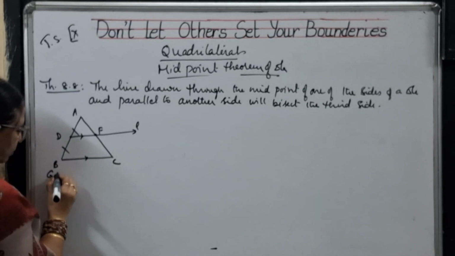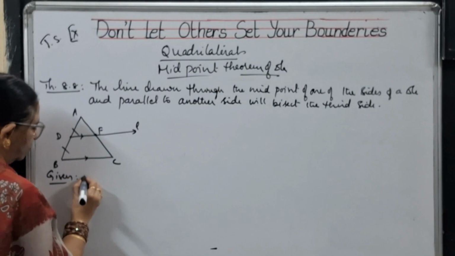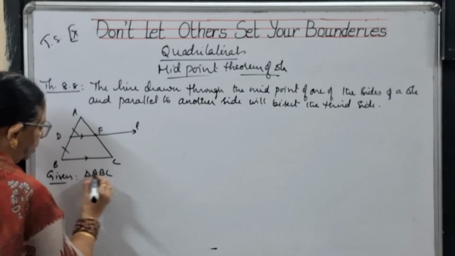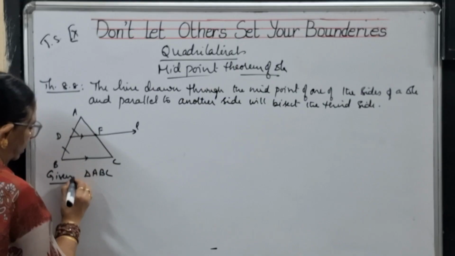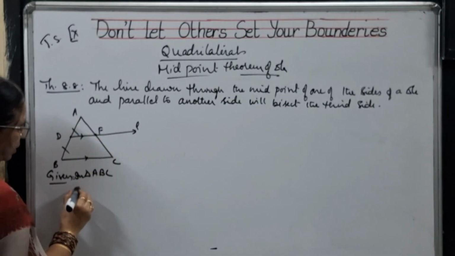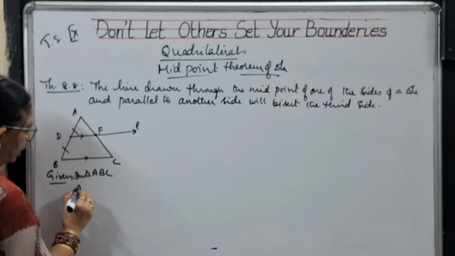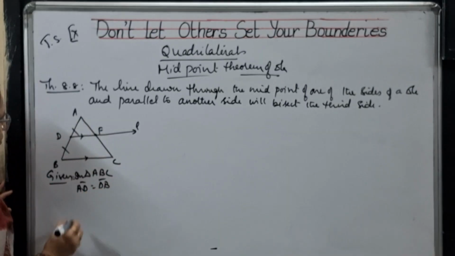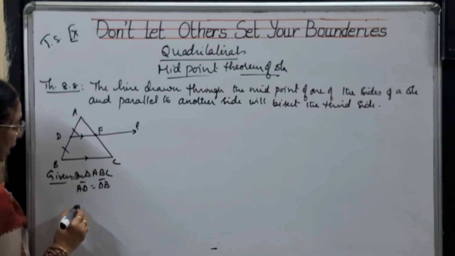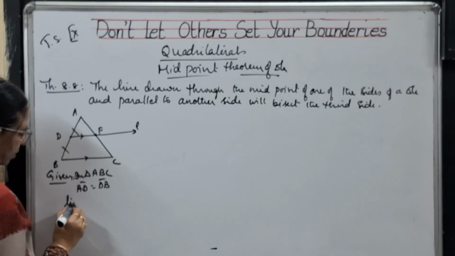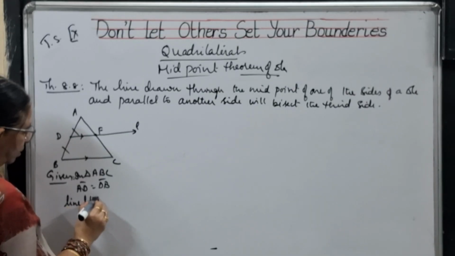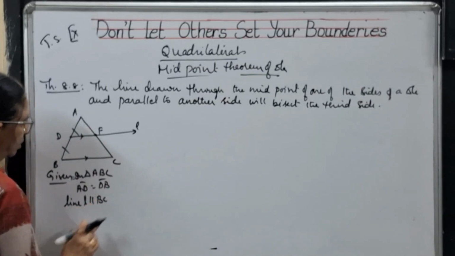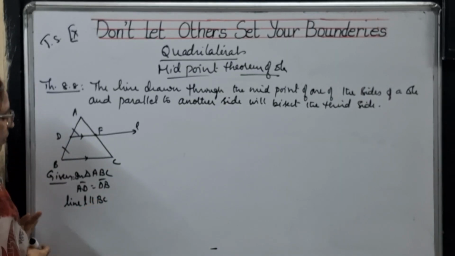So what is given to us? In triangle ABC, I'll write, AD is equal to DB, that is given to us, and line L is parallel to BC.